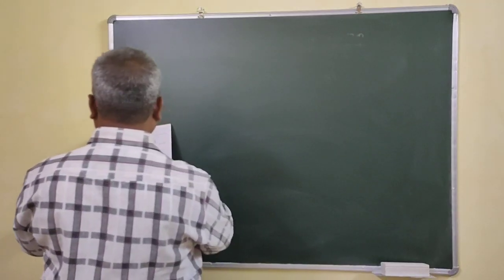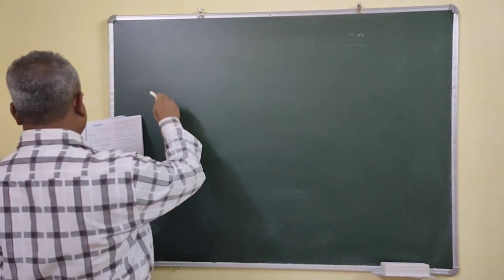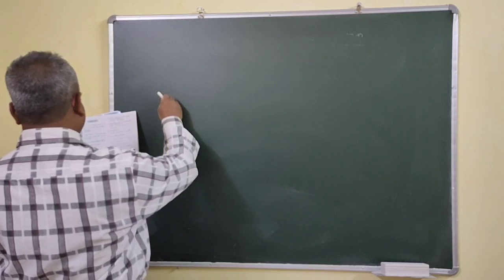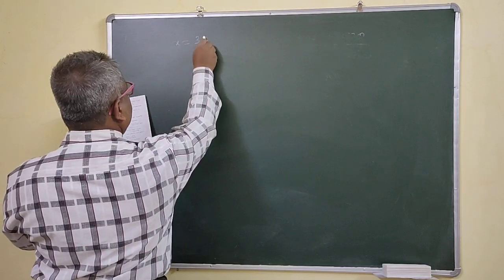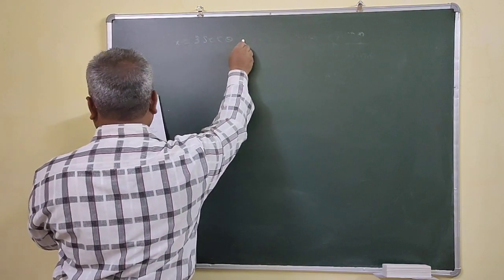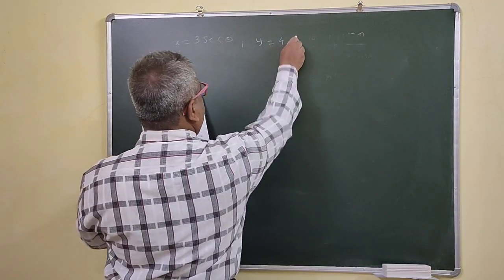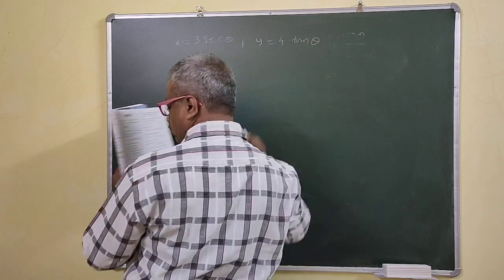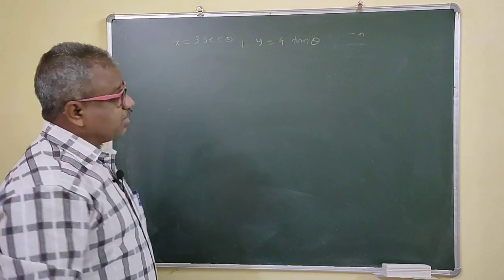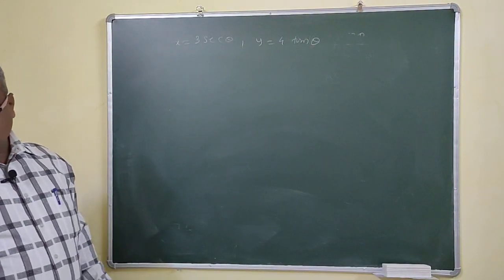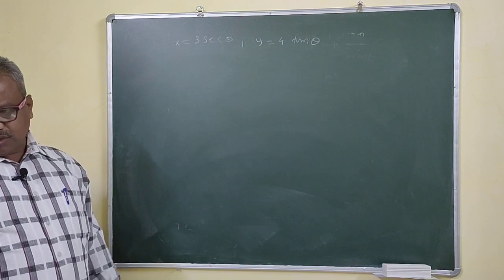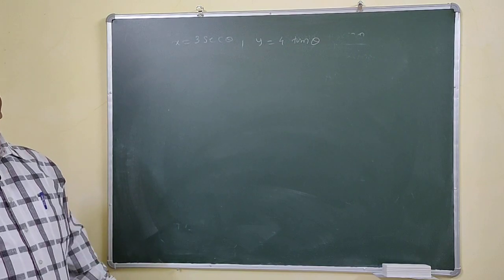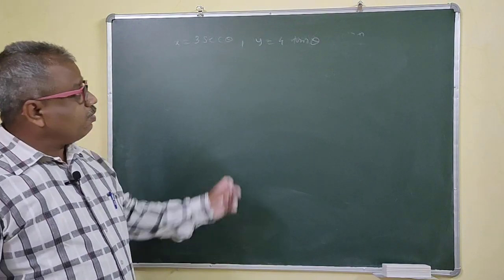Now eliminate theta from x is equal to 3 sec theta, y is equal to 4 tan theta. In the last 3 examples we have seen, all 3 are in terms of sin theta and cos theta, so with the help of the first fundamental identity we eliminated theta.